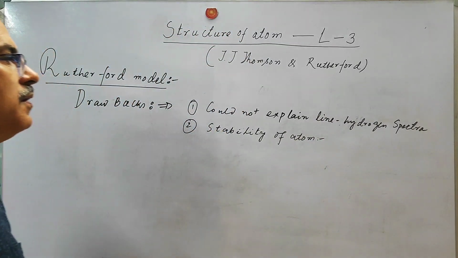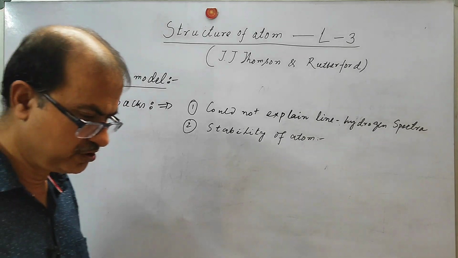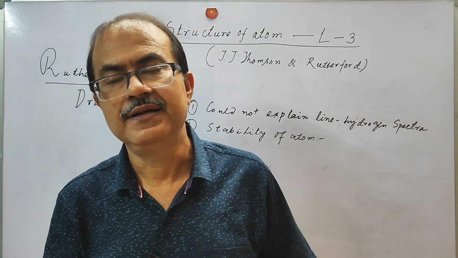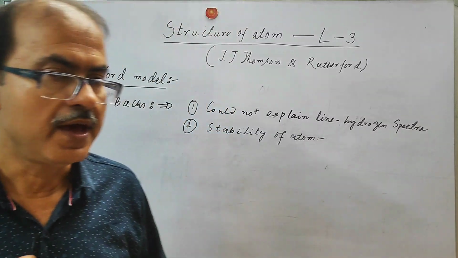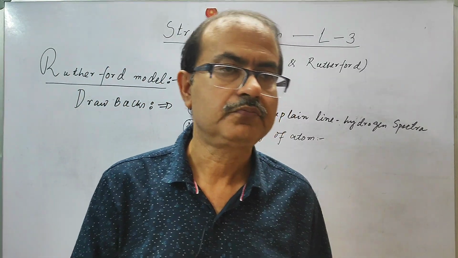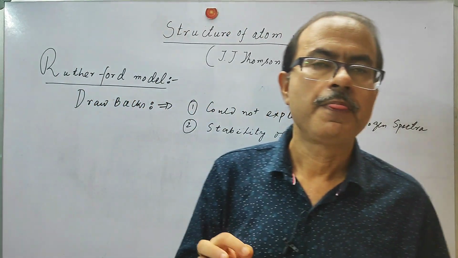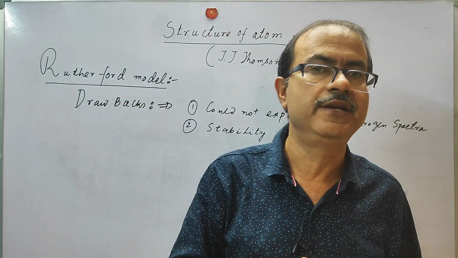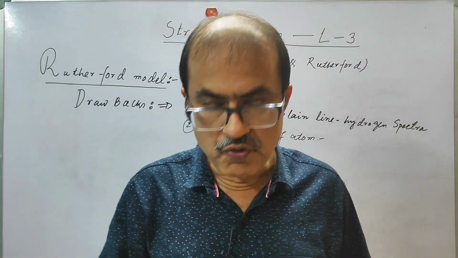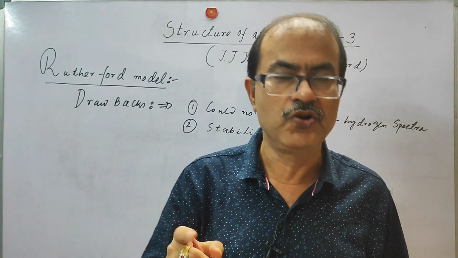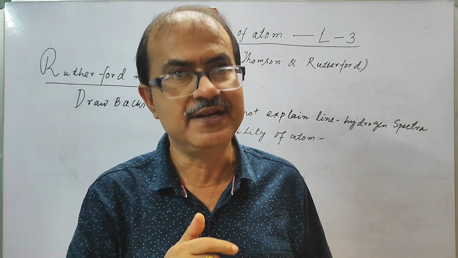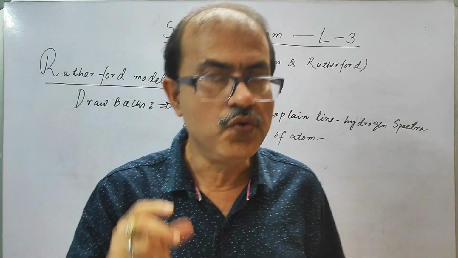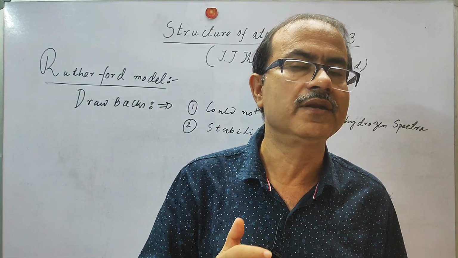If we go by the model given by Rutherford, that the electron is revolving around the nucleus, then as per Maxwell, a charged particle that is accelerating, and here revolving means accelerating because the direction is changing every time, will emit electromagnetic radiation.